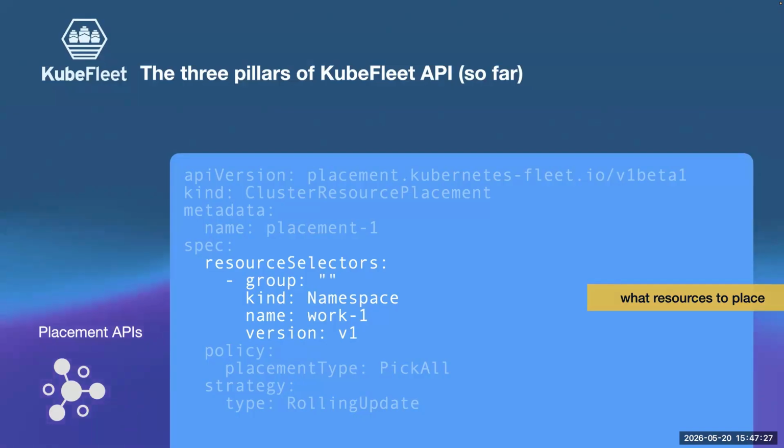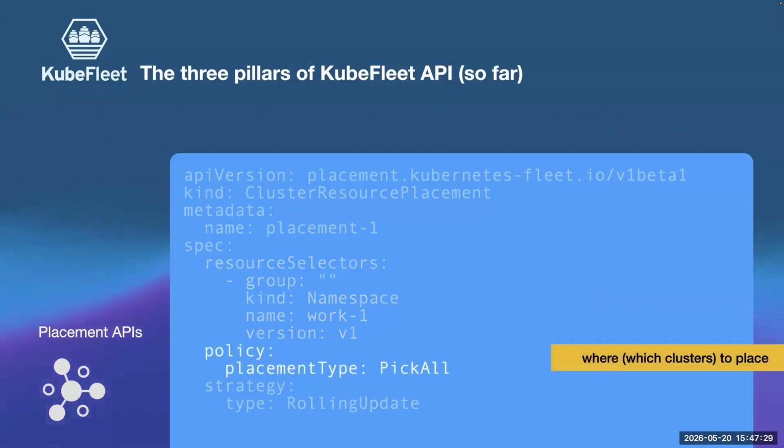The second part of this API is called a scheduling policy, which basically tells Kubernetes where to place the resources, or more specifically, which clusters to place the resources on. Kubernetes features a really rich and flexible scheduling experience. This example is a simpler one. You can see on the screen that it uses a PickAll placement type, which basically tells Kubernetes to place the namespace to all the member clusters. But you can do much more.